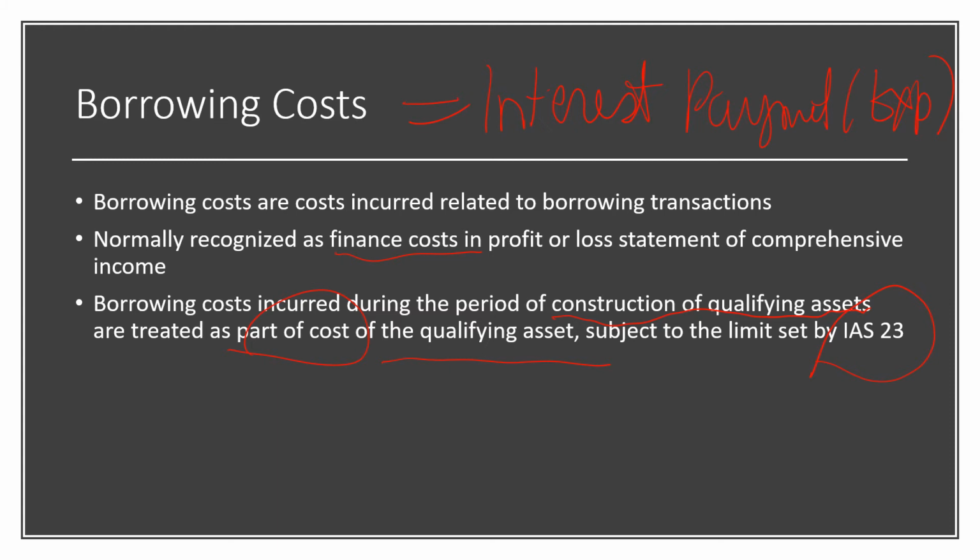Therefore, we are allowed to recognize the interest expense, interest payment, or cost as part of the cost of your qualifying asset. The qualifying asset is the asset you are constructing.